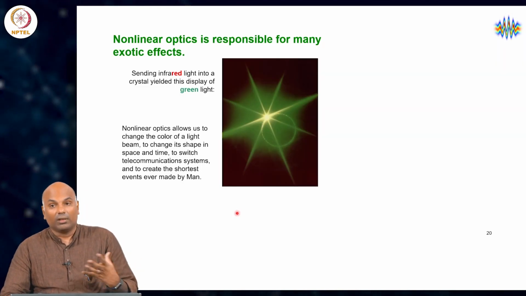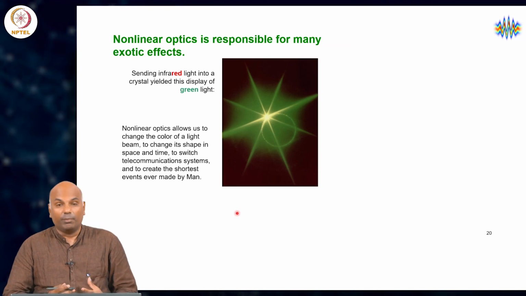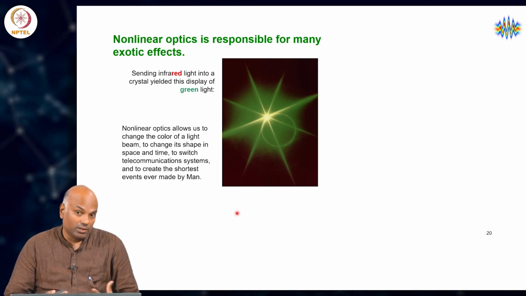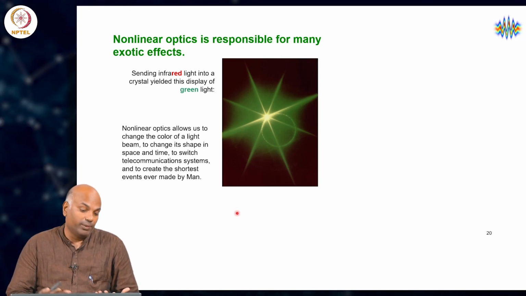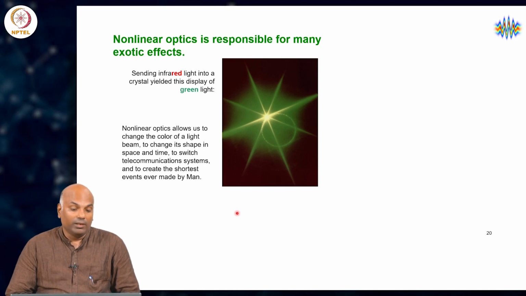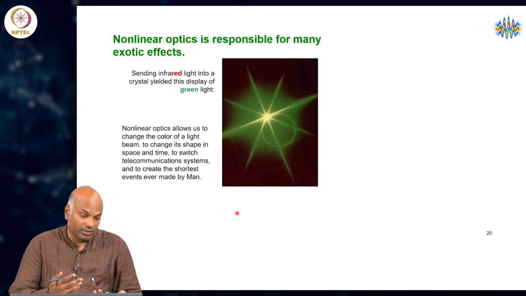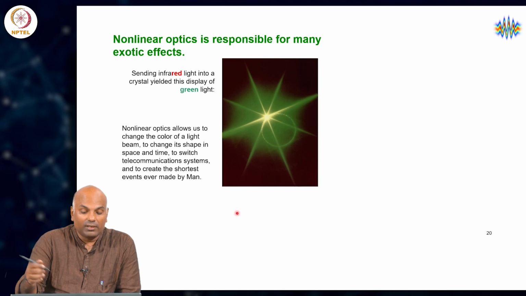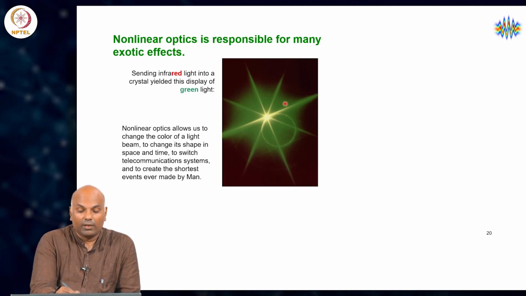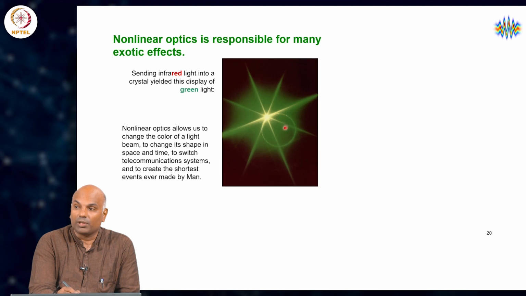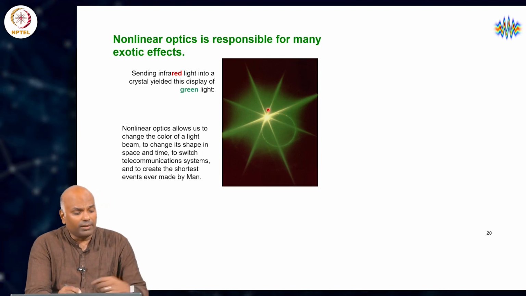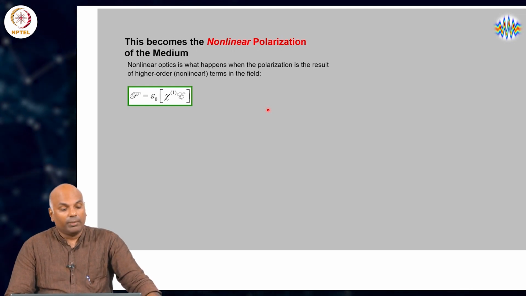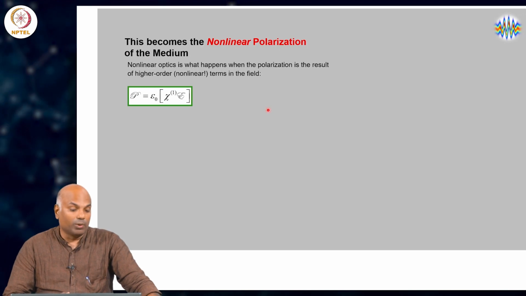We realized that if the response of the medium, which is linked to the motion of the electrons or the displacement of the electron cloud, or deformation, whatever you like to call it, isn't sinusoidal, if there is some nonlinearity in the response for whatever reason, then we immediately start seeing the harmonics of the primary radiation in the process of light interacting with matter. So this nonlinearity becomes the nonlinear polarization of the medium.